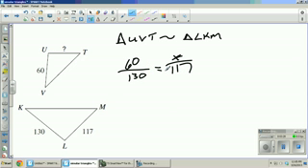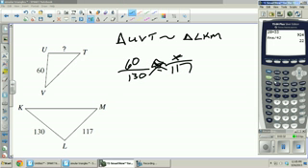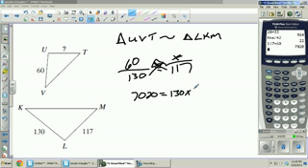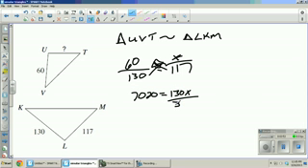Now I cross multiply. So 117 times 60 equals 7,020, and 130 times X is 130X. So then I'm dividing both sides by 130, and those cancel.